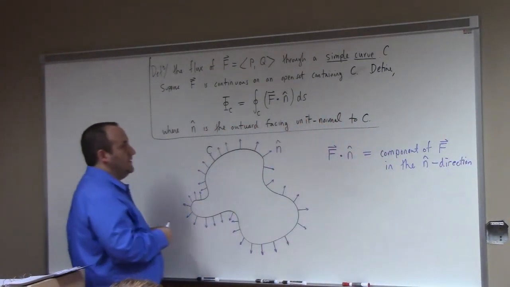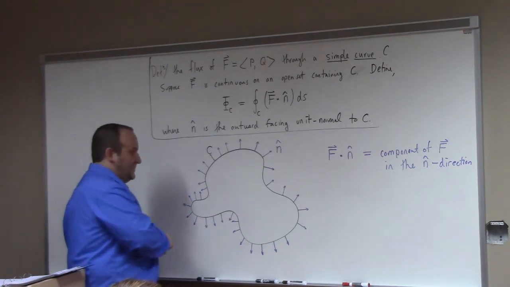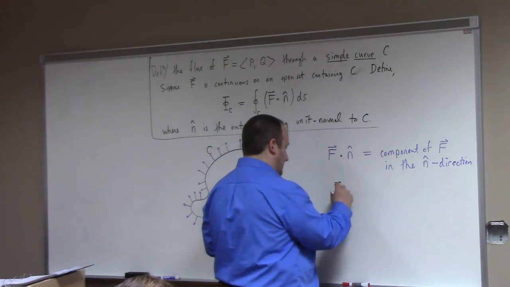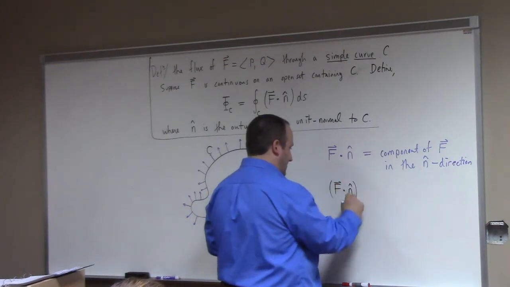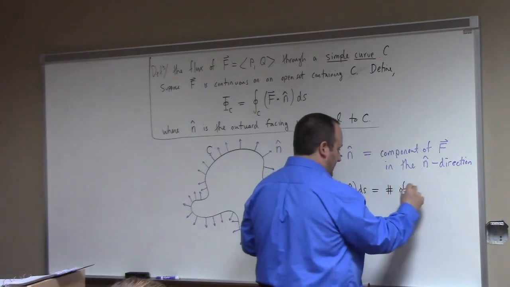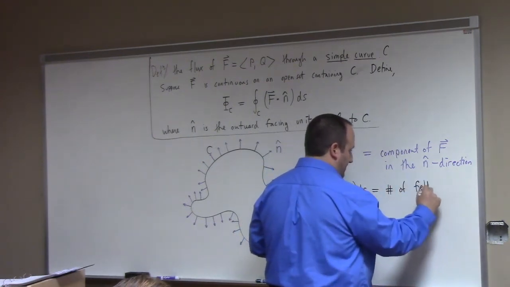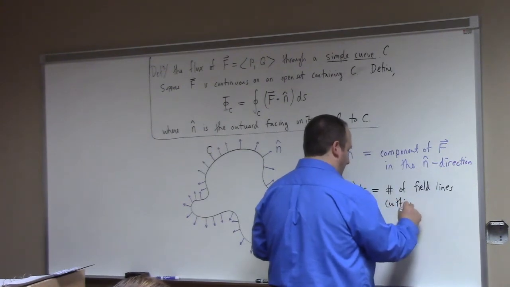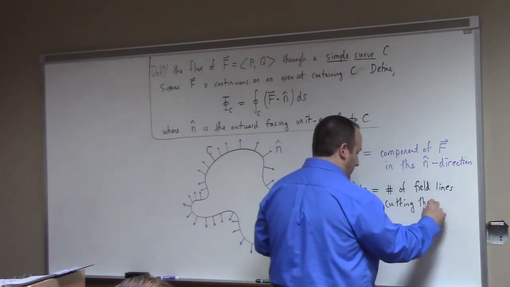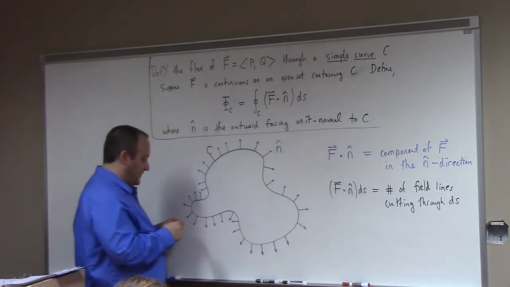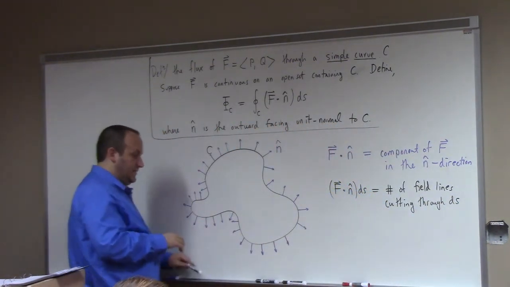And what is that times ds in terms of interpretation? Basically, this is the number of field lines cutting through ds.